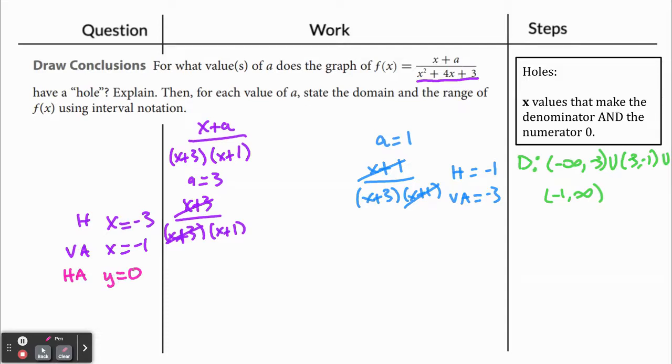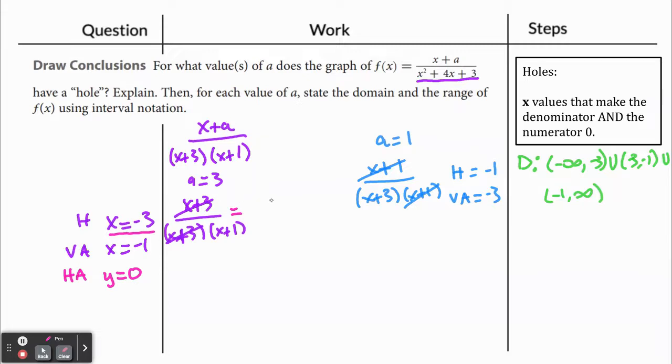But the hole is what throws us off and adds another spot where y can't be a certain number. So we're going to look at wherever the hole is. In this case, it is x equals negative 3, and we're going to plug that into the equation to find out what our y value is not going to be also.